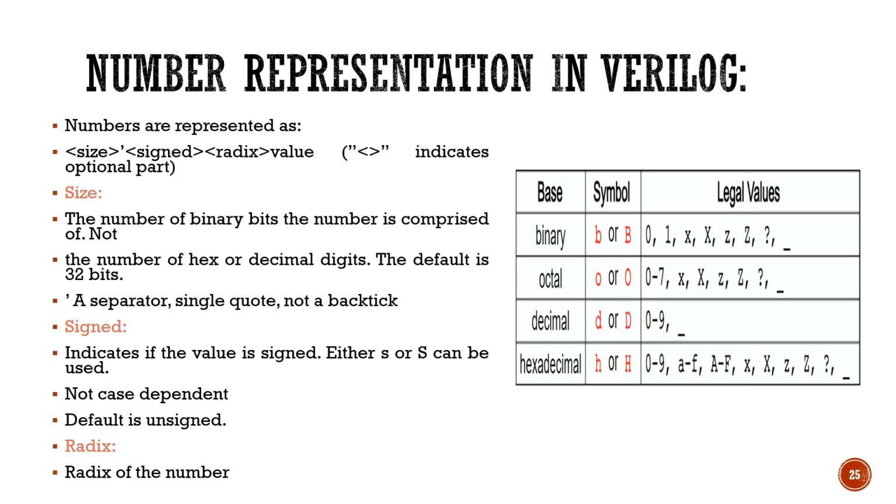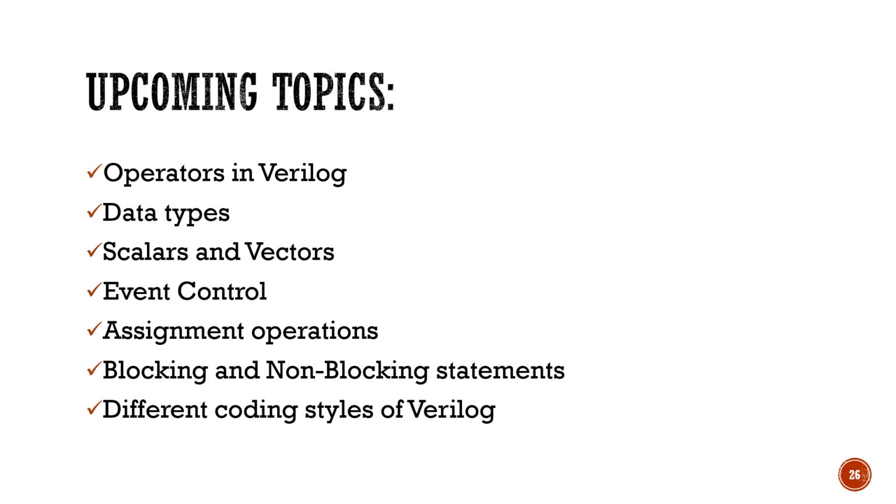In the upcoming topics, we are going to discuss the various operators in Verilog, data types, scalars and vectors, event control, assignment operations, blocking and non-blocking statements, and different coding styles like gate level modeling, data flow modeling, behavioral level modeling, switch level modeling, and structural modeling of Verilog in the preceding classes. So this is for today's class.